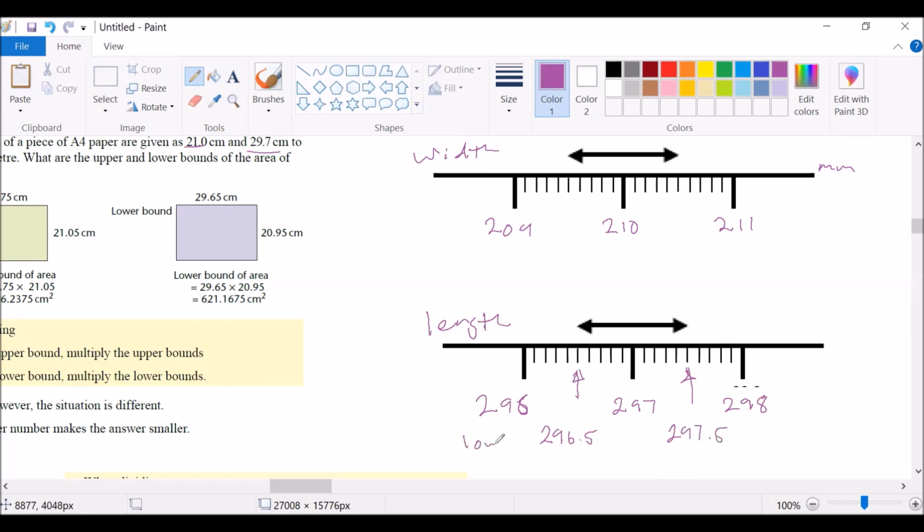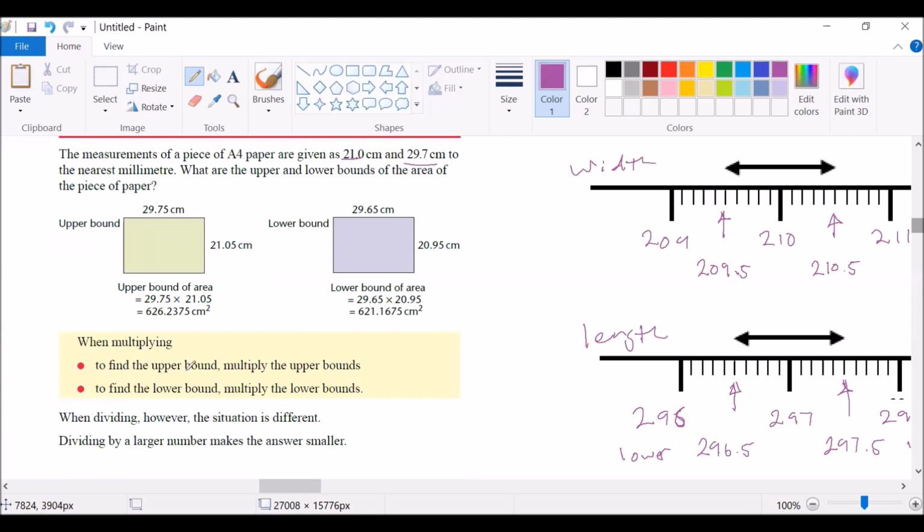So we have our lower bound and our upper bound for the length. For the width, our lower bound for 210 is 209.5. Our upper bound is 210.5.